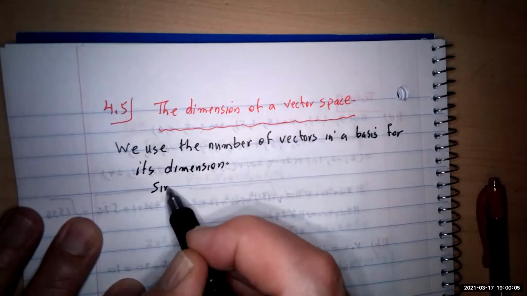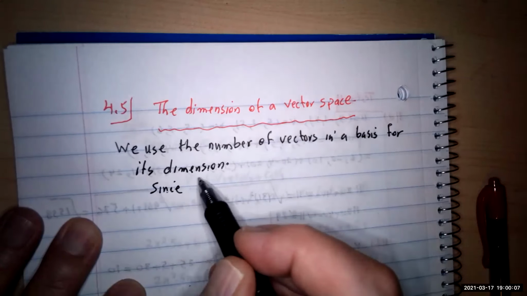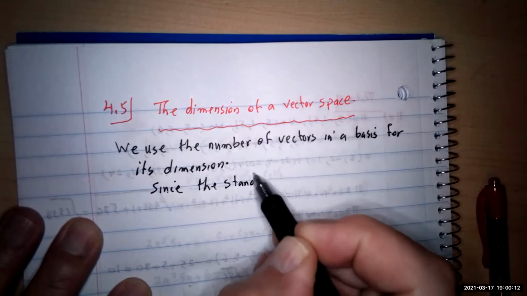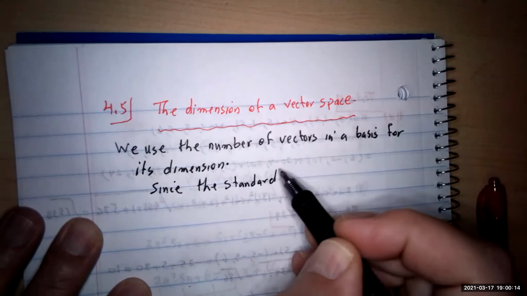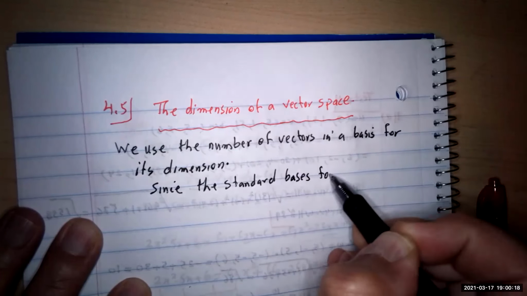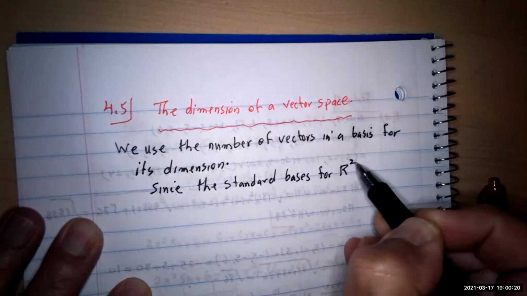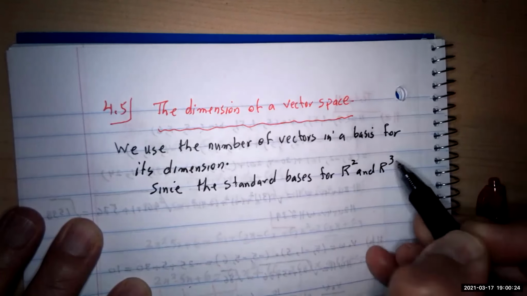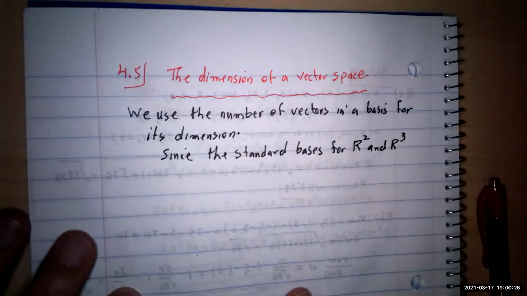For example, in the case of the standard basis for R2 and R3, you know that you have i, j, k.